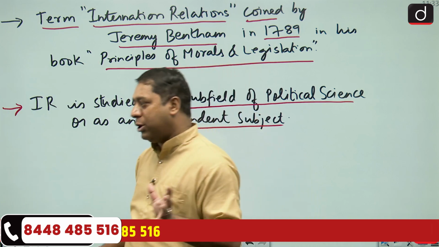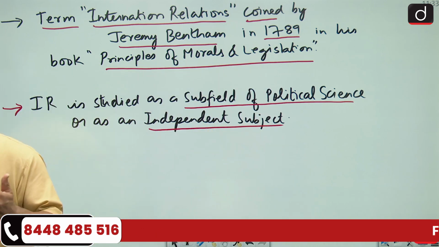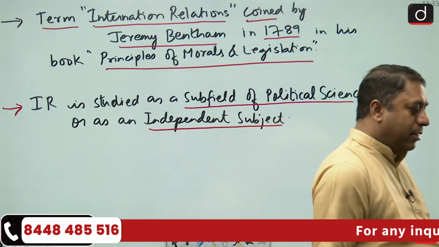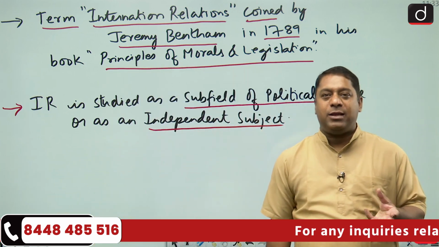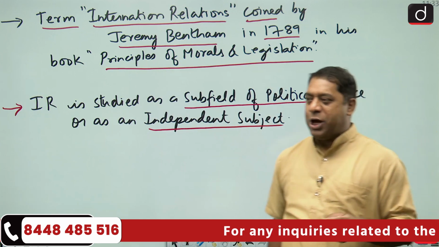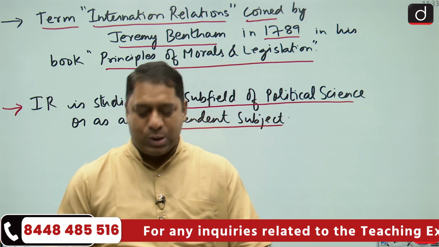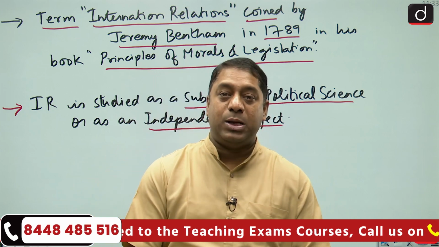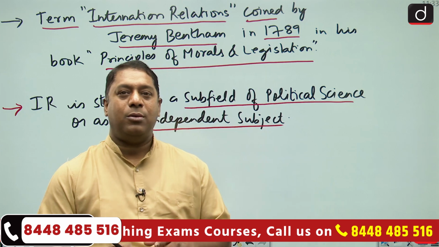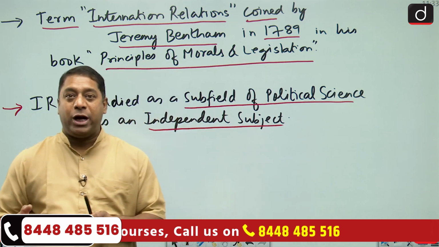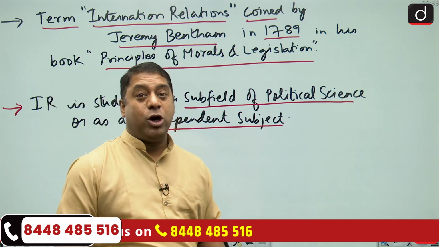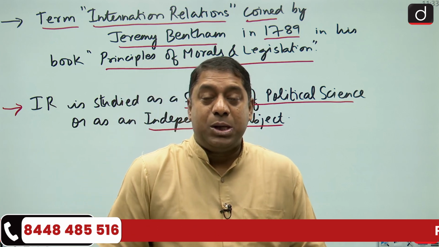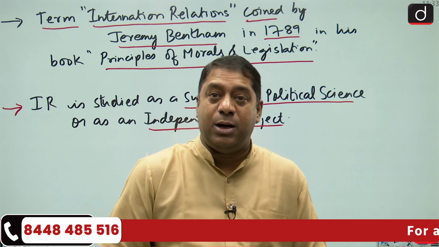So this is something introduction to which I was trying to discuss with you. अब अगर डेफिनेशन पे आते हैं, then definition of H.J. Morgenthau, everyone is familiar with this name Morgenthau. अब हम रियलिज्म में भी मॉर्गनथाउ के बारे में पढ़ेंगे. मॉर्गनथाउ ने 6 प्रिंसिपल्स दिए हैं अपने रियलिज्म में.